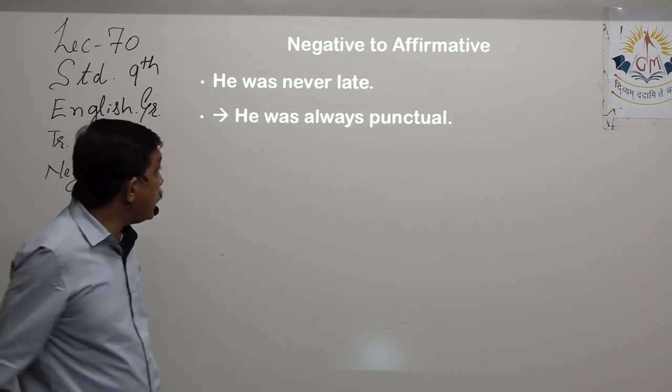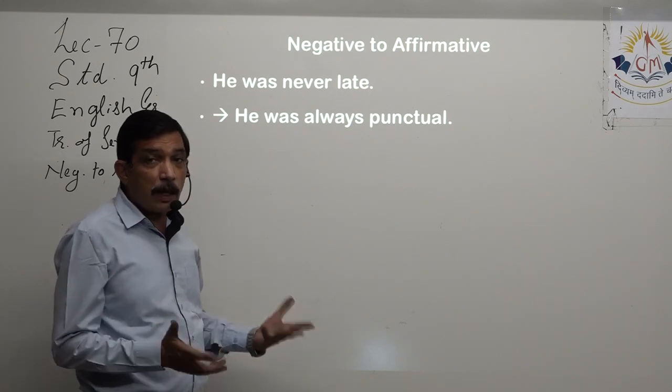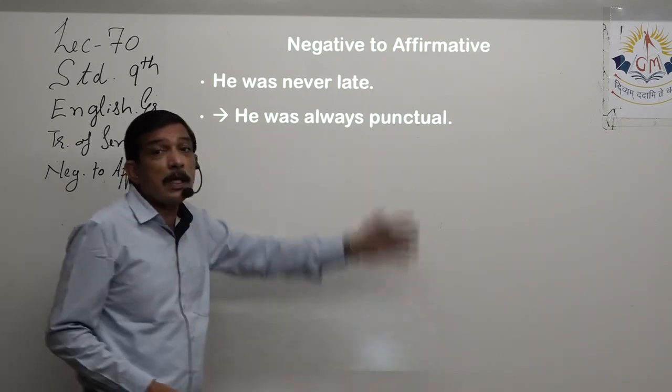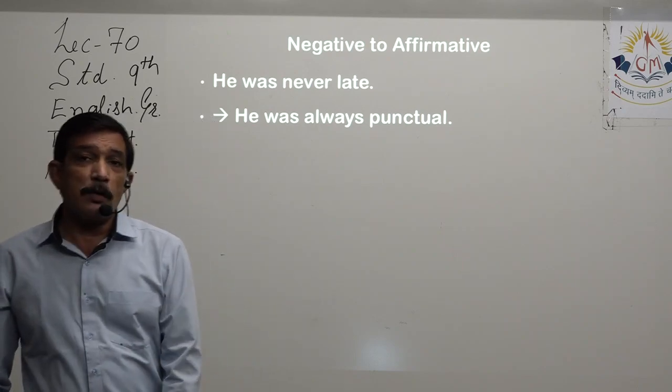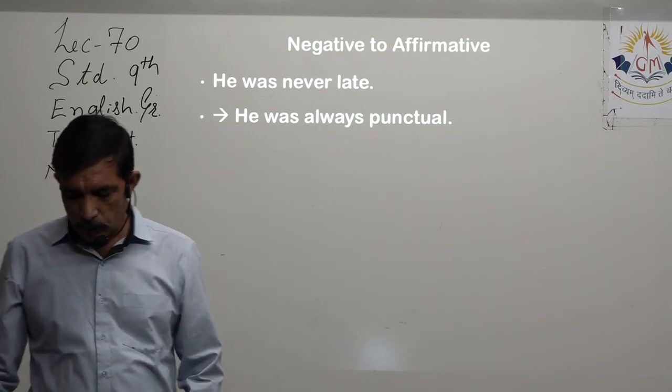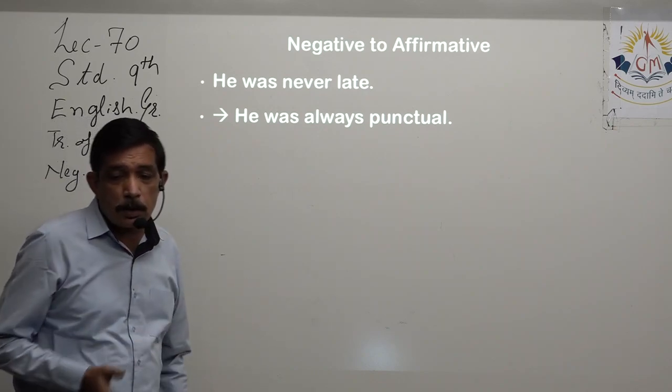He was never late. Never late means on time. So he was always, what is on time? Punctual. So he was always punctual. Please write down, note down the sentences, the answers to it.